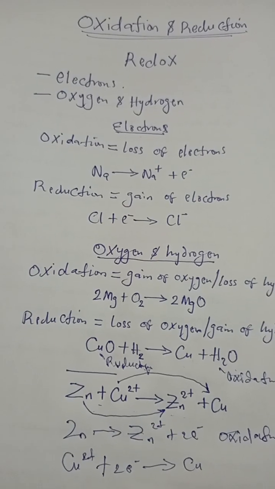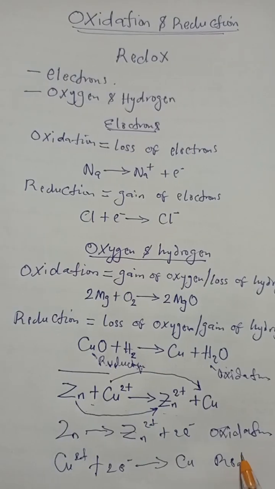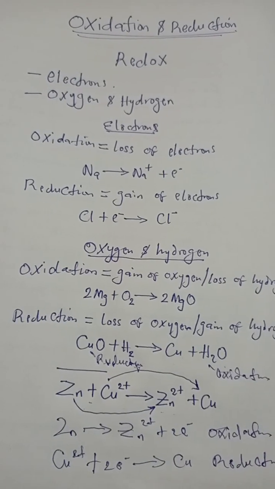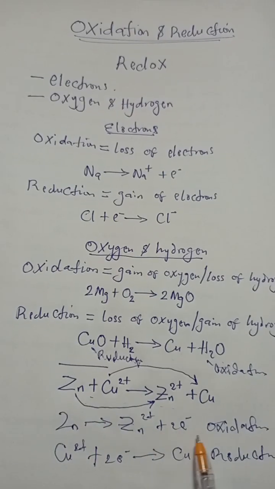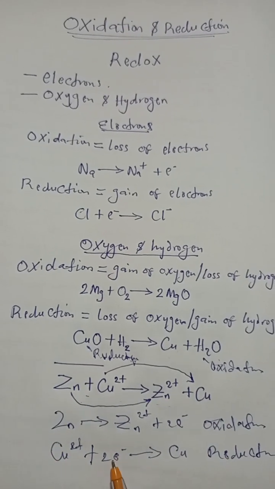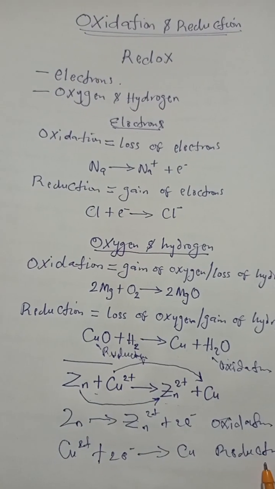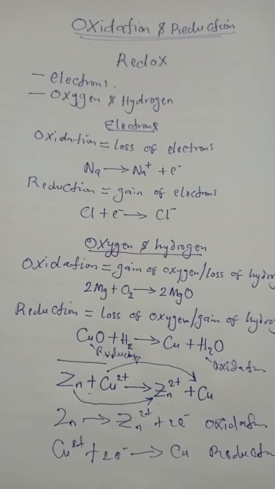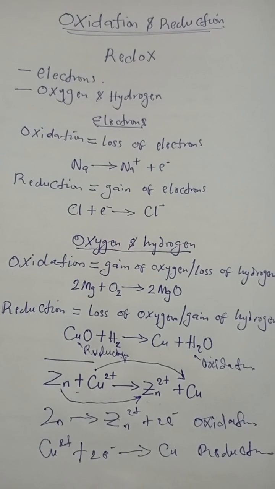Are we together now? So since we are having the electron on the left, it is what? Reduction. So you see, zinc is what? Losing electrons, oxidation. Copper is accepting electrons to form neutral copper, reduction. So this is what? Redox, oxidation and reduction. Don't forget that they happen concurrently.